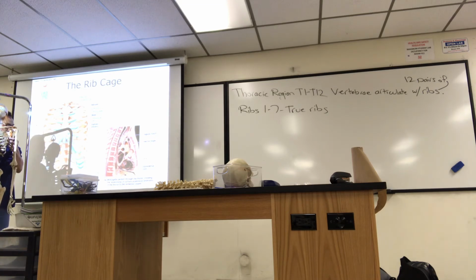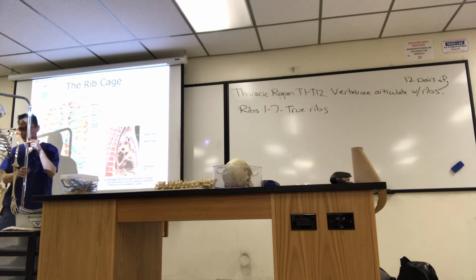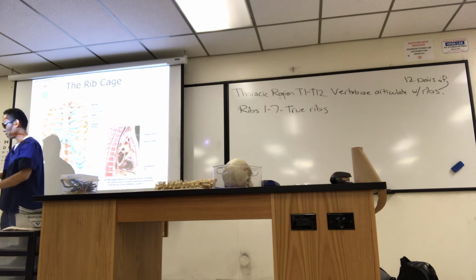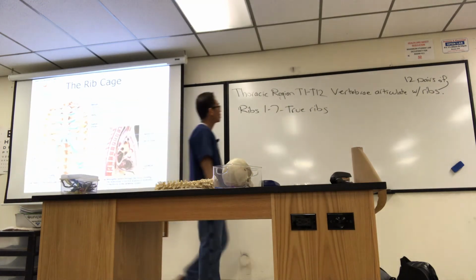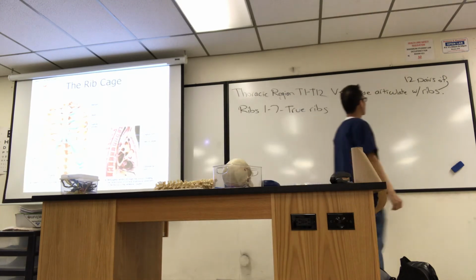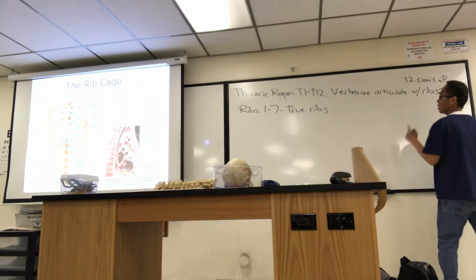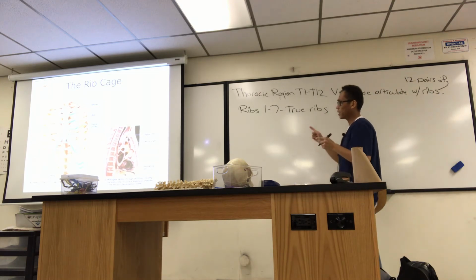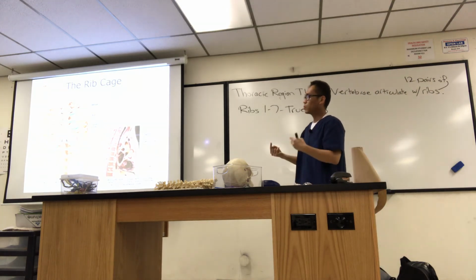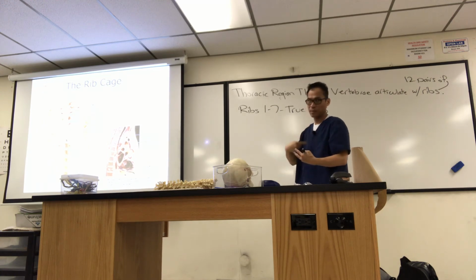So where it's brown on here, that's not bone, that's cartilage. And they're called the costal cartilages because costal means rib. They're called true ribs because each rib has its own costal cartilage attachment to the sternum, your breastplate.